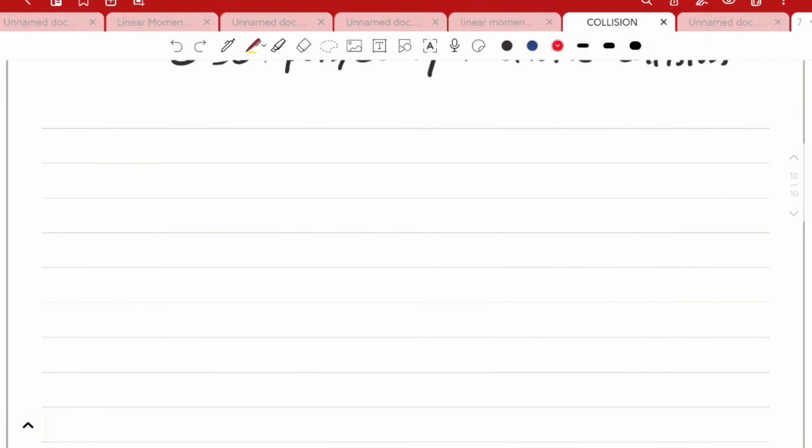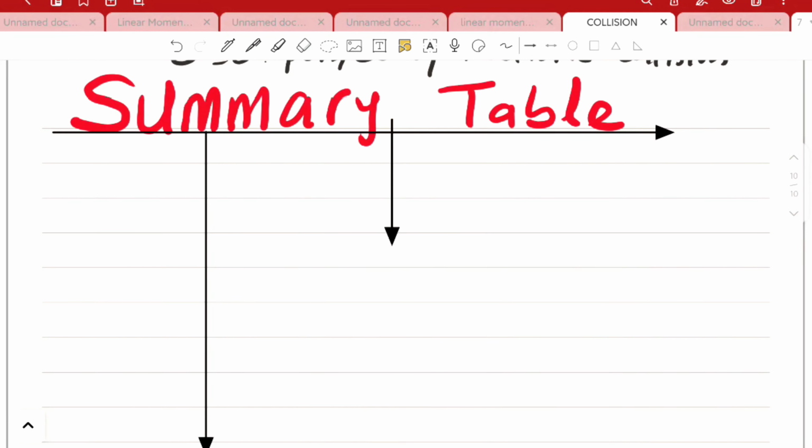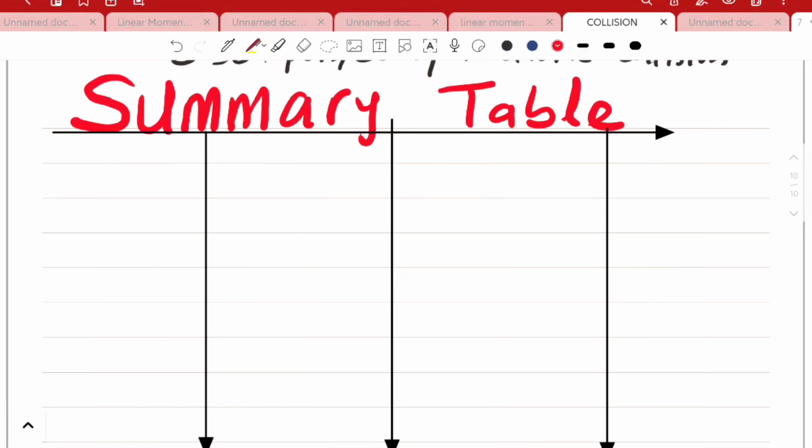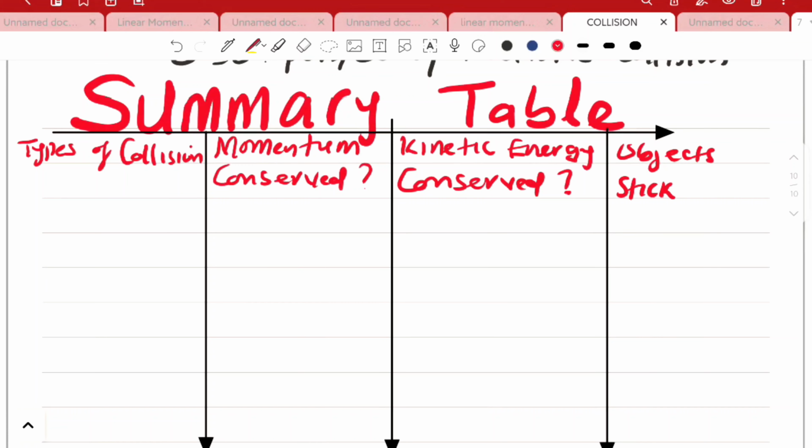So with this, summarily, using a table to represent some key concepts, okay, summary table, let's write this quickly. Okay, if we have, let's write this: types of collision, then momentum conserved, kinetic energy conserved, objects stick together.